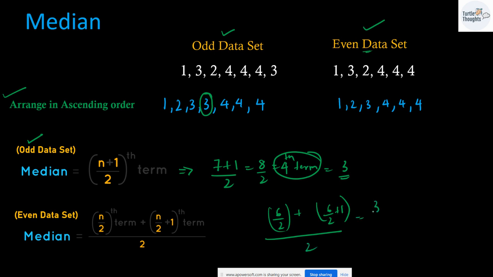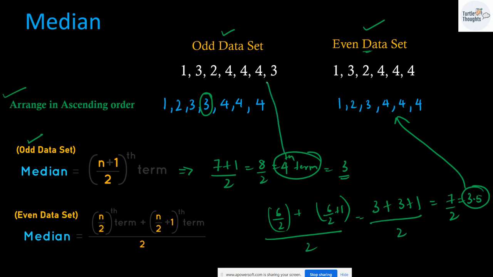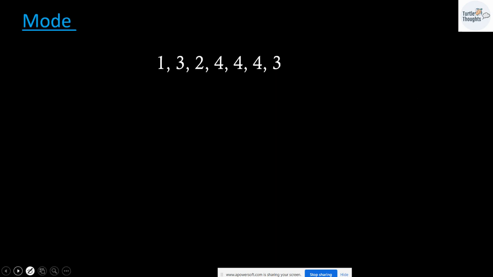It is going to be 3 plus 3 plus 1 divided by 2. What will be the answer? It is going to be 7 divided by 2, which is 3.5. Here the median is going to be 3.5 for this data set. It is going to be 3 for the previous data set.